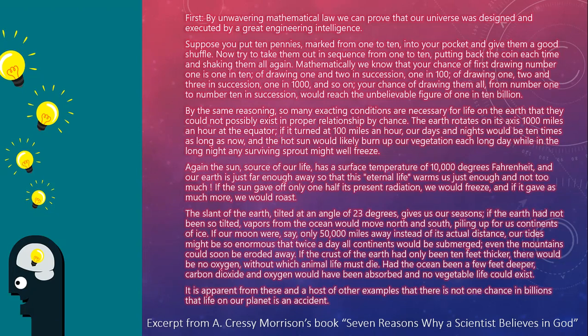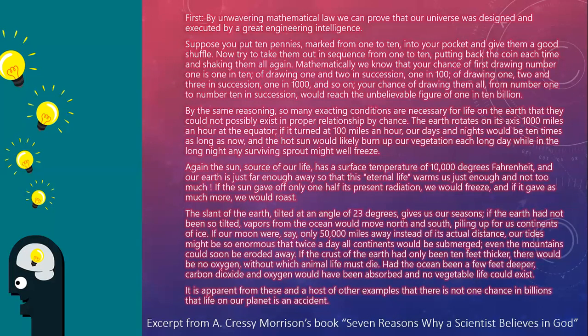Now, the probability that you will draw 1 and 2 in succession is 1 in 100. Now, the probability that you draw 1, 2, 3 in succession is 1 in 1,000. So on and so forth.